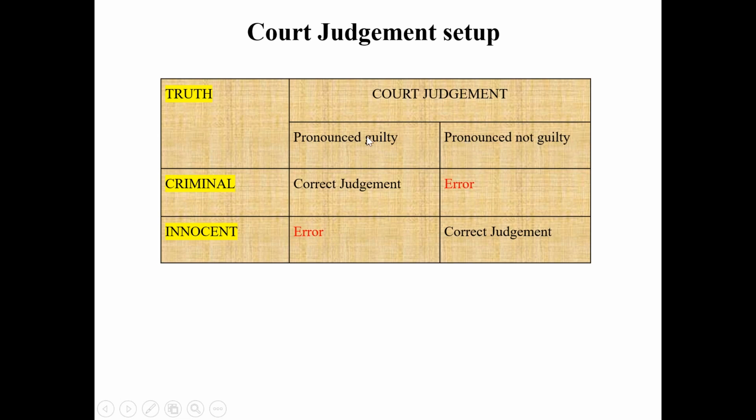If the criminal is found not guilty because of lack of evidence, then another error is committed. If the innocent person is found not guilty, it is a correct judgment. So these two types of errors can happen. This judgment gives an indication about the errors committed by the statistical test of significance also. I'm coming to this.